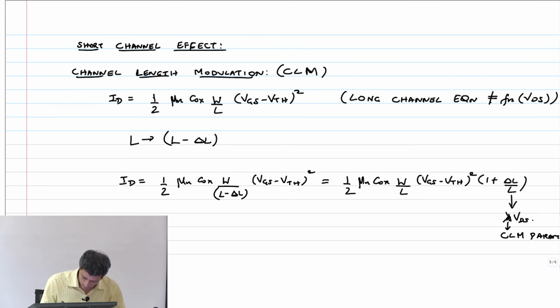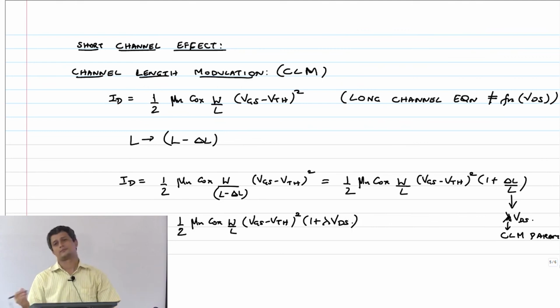Therefore, ID will become half mu n Cox W by L VGS minus VT whole squared into 1 plus lambda VDS. Okay.